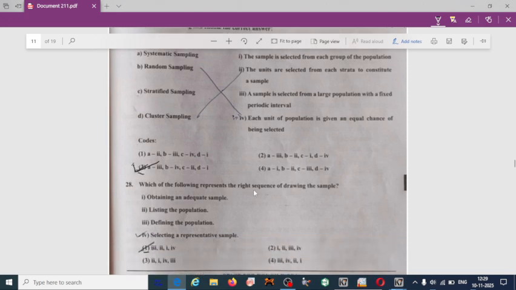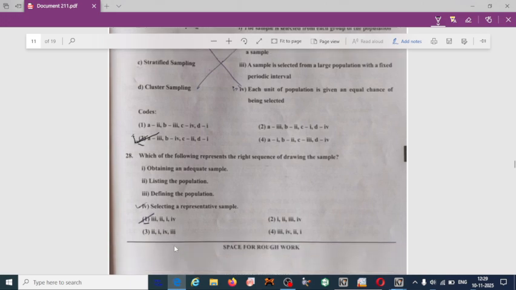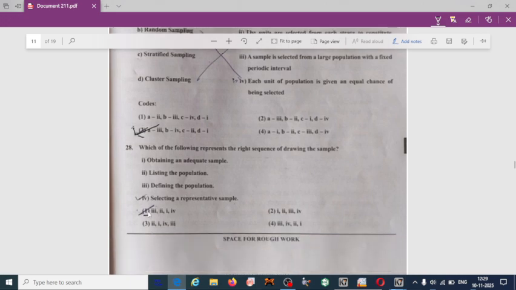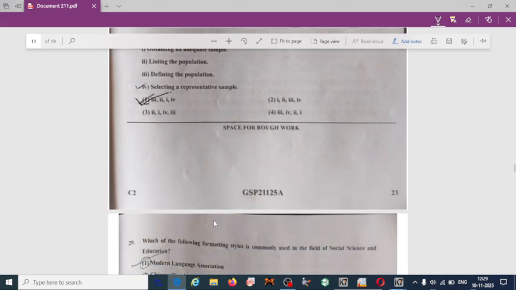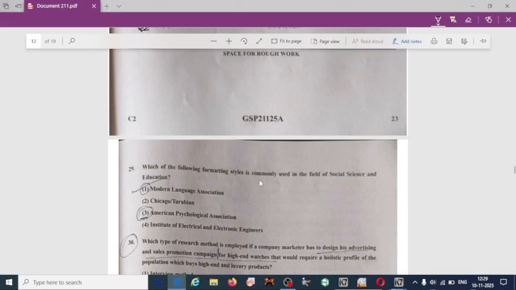Which of the following represents the right sequence of drawing the sample? Obtaining an adequate sample: listing the population, defining the population, selecting. So option 1 is correct. Which of the following formatting styles is commonly used in the field of social science and education?